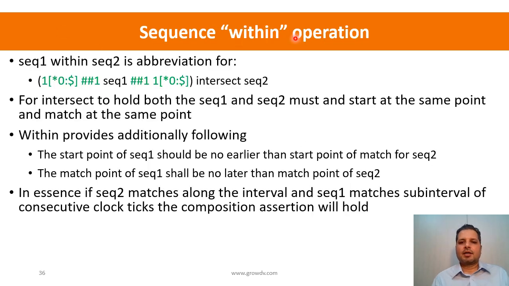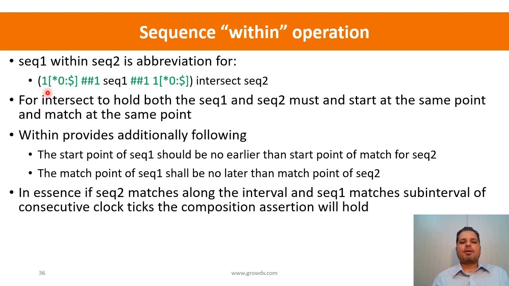Okay, we'll look at the within operator, the sequence operator. So the usage is something like this. You say sequence 1 within sequence 2. If you look at it logically, the understanding would be that in the duration of sequence 2, the sequence 1 must happen, and it's an abbreviation for, if I expand this using the delay operators, it would look something like this.